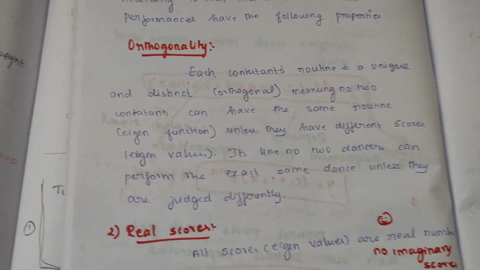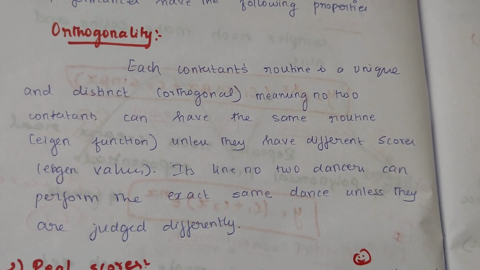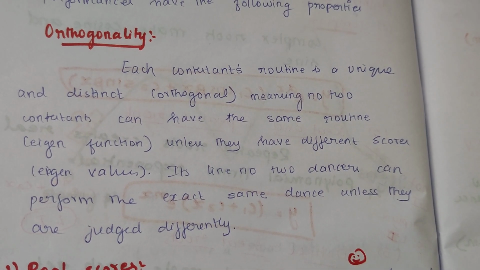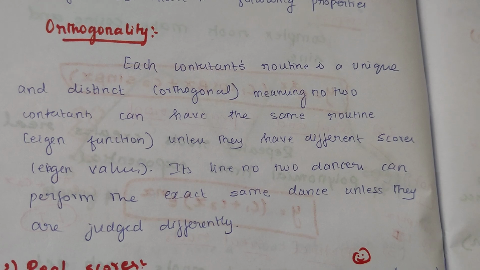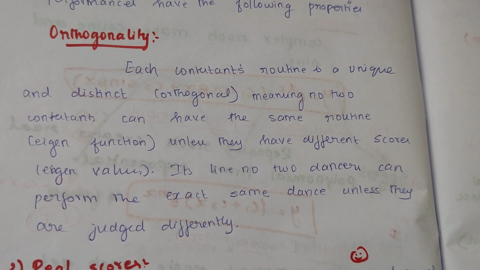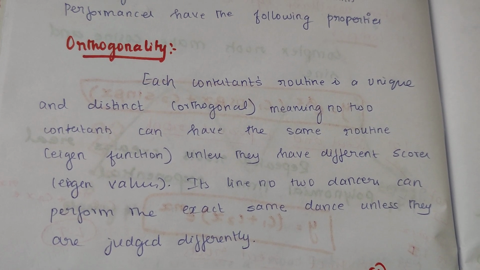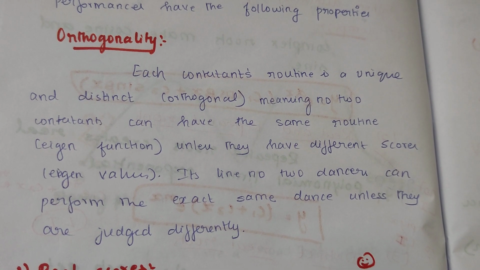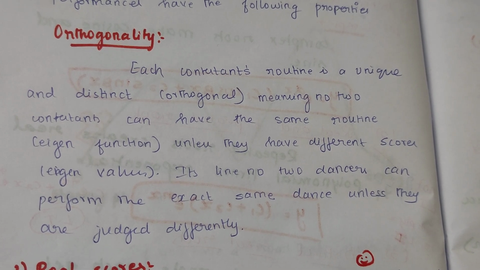That is, in this Sturm-Liouville problem, we find out orthogonality. No two contestants can have the same routine eigenfunction unless they have different scores. If eigenvalues are different but we have the same eigenfunction, it is acceptable. But if we get the same eigenfunction because of the same eigenvalue, it is not accepted.